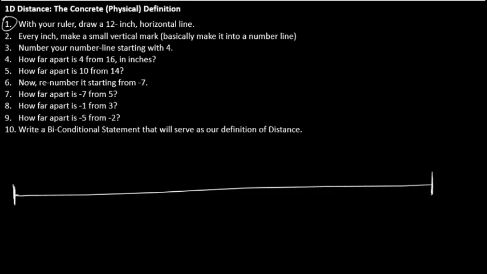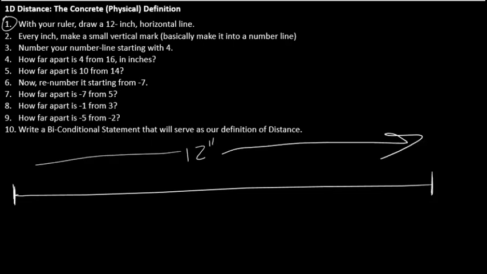So this is a 12-inch line that I've drawn. Every inch, make a small vertical mark, so up and down. So here I've got a mark at 0 inches, 1, 2, 3, 4, 5, 6, 7, 8, 9, 10, 11, and 12. And I spaced it out horribly. Of course, you're using a ruler, so it's not going to look terrible like this.